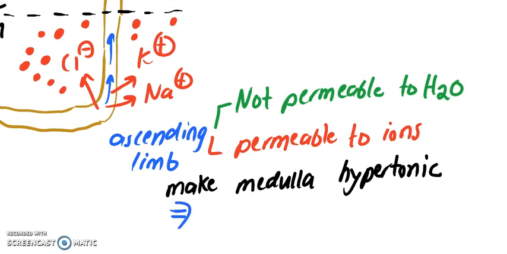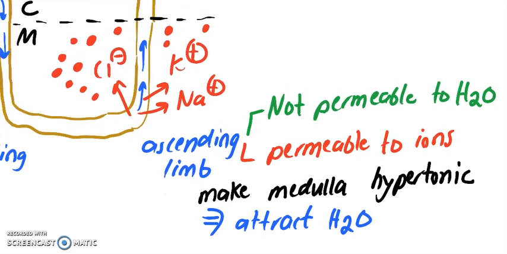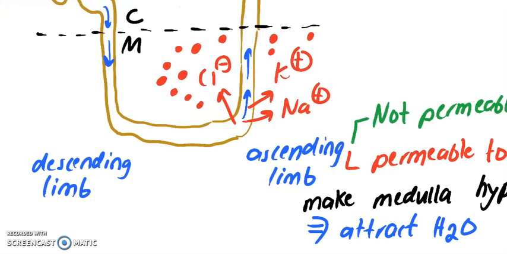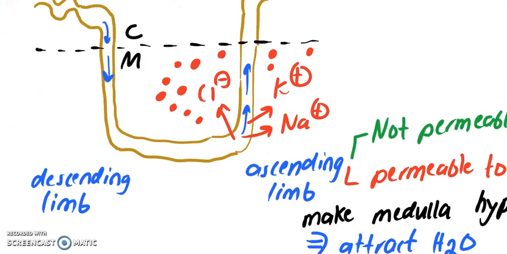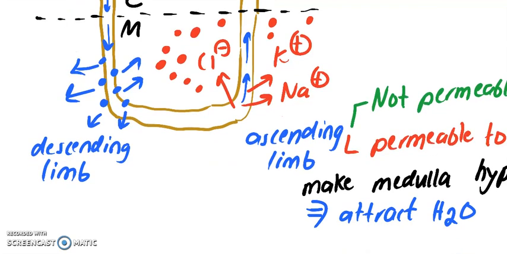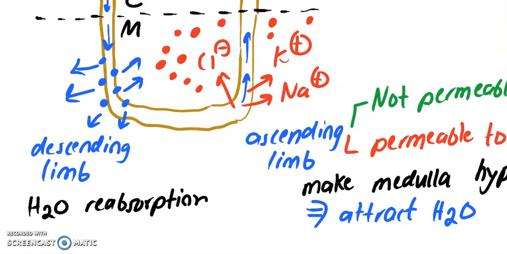What this means is we're going to attract water. But water can't get through on this side, it's going to get through from the descending side. So now because this environment is so hypertonic, it's going to attract these water molecules, thus allowing us to reabsorb water. So the descending limb's main function is water reabsorption.